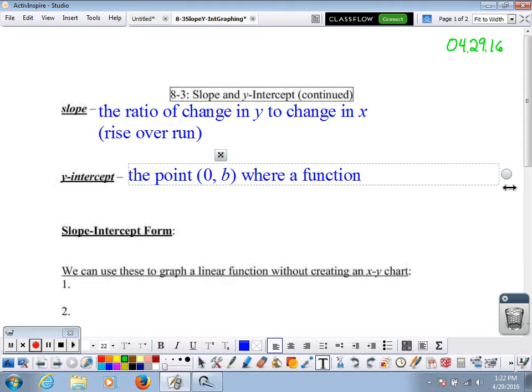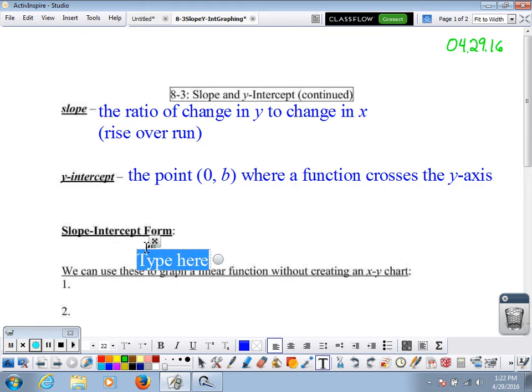Very good. It's the point 0, b where a function crosses the y-axis. And you're right. Every single time we have a y-intercept, the x-coordinate is going to be 0.